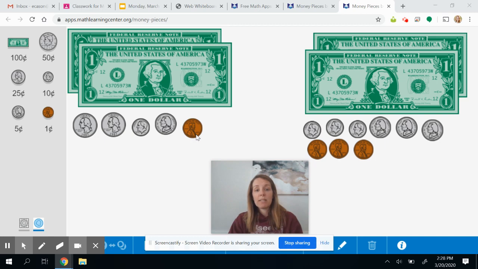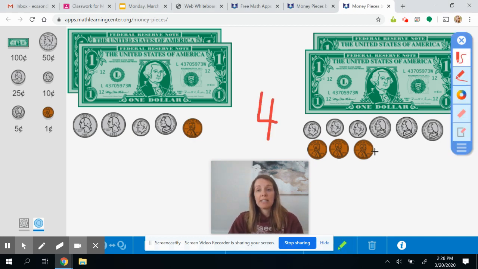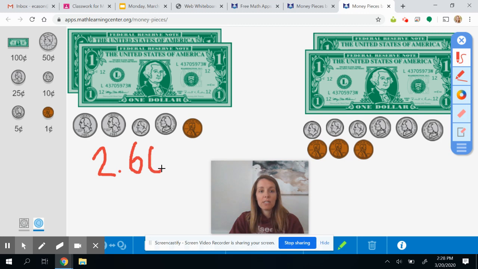And then one more penny is going to be $2.66. So we're going to write $2.66. We've got 50, 60, 65, 66.